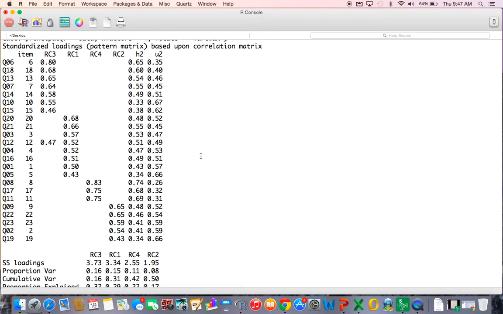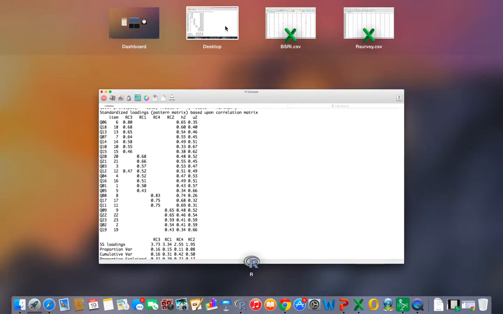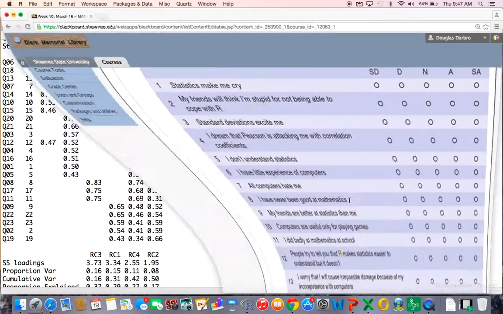So here's what I get. Now, what I like is when I look down through here, I don't want a lot of replication. So I'm looking at components 1, 2, and 3. And when I look down through here, the only thing that I have that loads on 2 components is question number 12. So I might want to come back over here and examine question number 12 and see what's going on with that.